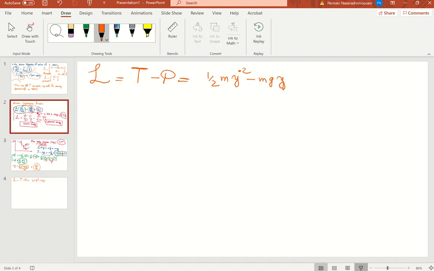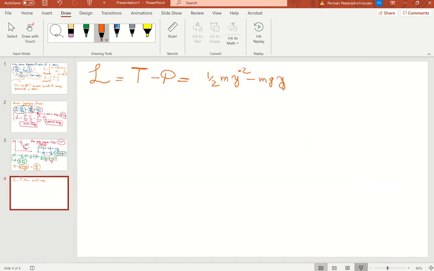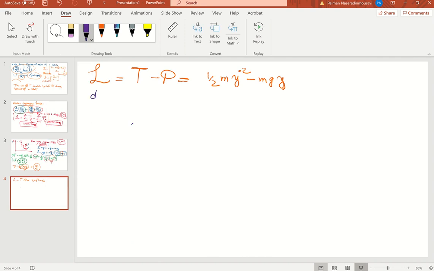Now let me examine the Lagrangian equation. I'm writing it here again. Look at here, guys. This is not magic. I said the Lagrangian equation is d over dt of round L over round y dot, instead of q dot, minus round L over round y, is going to be force.